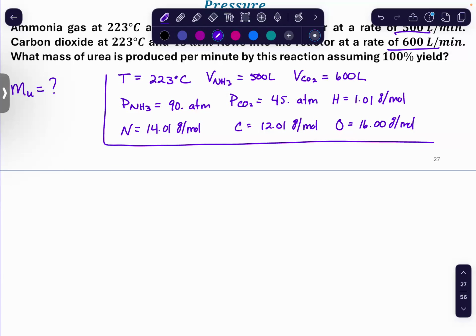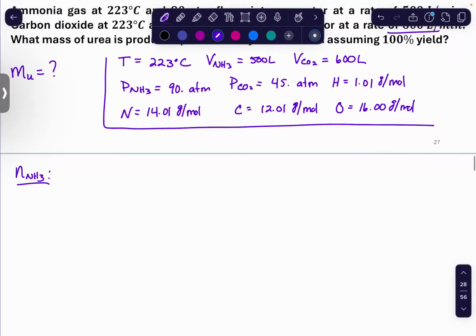To do my stoichiometric calculations and find my mass of urea, I'm going to need moles of each reactant. Moles of ammonia. We'll start out by saying, well, I know I'm going to be using my ideal gas constant, 223 Celsius plus 273. That is going to be 496 Kelvin.